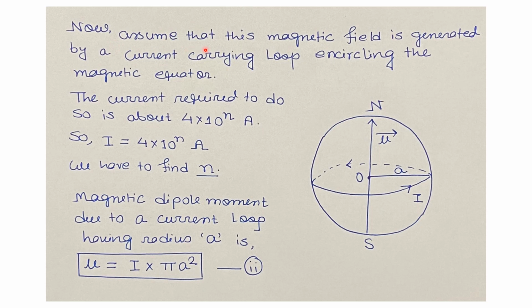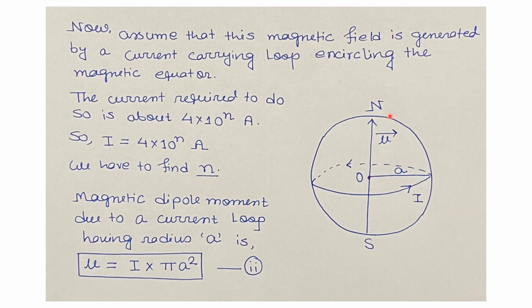Now assume that this magnetic field is generated by a current carrying loop encircling the magnetic equator. In the diagram we can see there is a current carrying loop encircling the magnetic equator of the Earth, having radius small a, which is the Earth's radius, and the passing current is I. Due to this current, a magnetic field will be generated and the corresponding magnetic dipole moment is mu vector, which is directed towards the north.